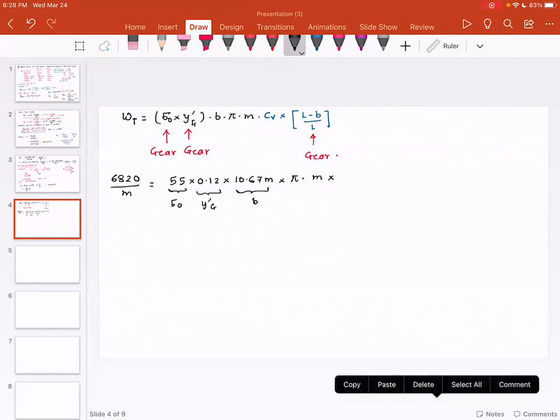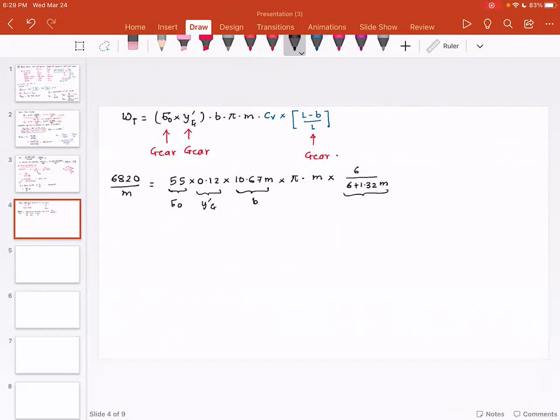CV value is in terms of m, 6 divided by 6 plus 1.32m, CV multiplied by (32m minus 10.67m) divided by 32m.